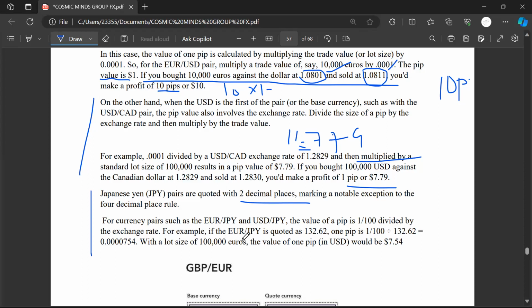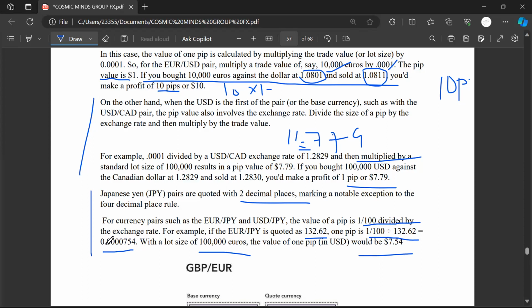For example, if the Euro yen is quoted at a rate of this, 1 pip is this divided by that. That's what we saw here. So we do that, and then that will be this. So with a lot size of 100,000, look at this and don't worry, just bear with me. With 100,000 euros, the value of 1 pip in USD will be this. So you just multiply by the 100,000.